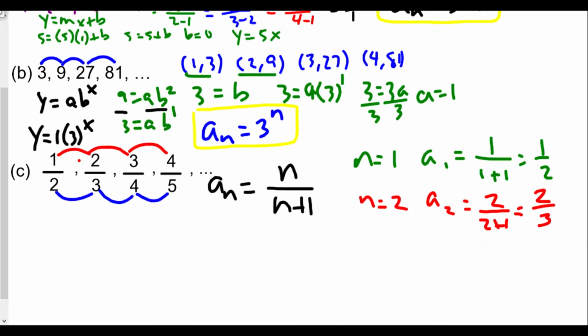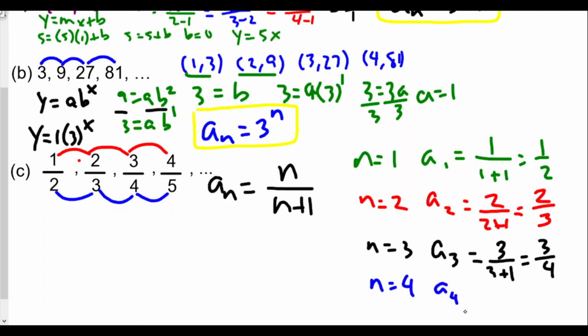When n is equal to 3, we get a3, the third term, equals, again, the numerator is n, so that's 3 over 3 plus 1, and that's 3/4. And when n equals 4, for the fourth term, a4 is equal to 4 over 4 plus 1, and we get 4/5.